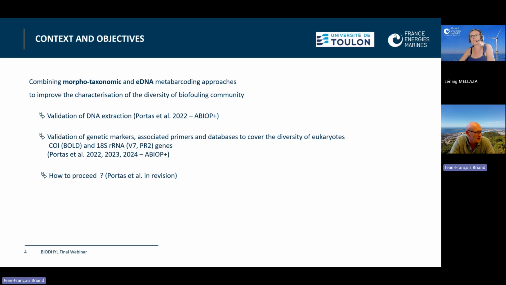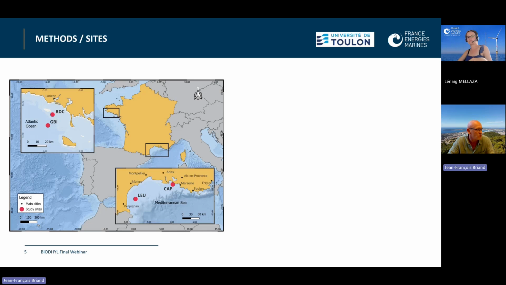The validation of the genetic markers, the associated primers and the database was also performed during this PhD and the BIODHYL project. And during BIODHYL, we wanted to find a way to combine these two sets of data, which have different characteristics, and it's not so easy to combine them.